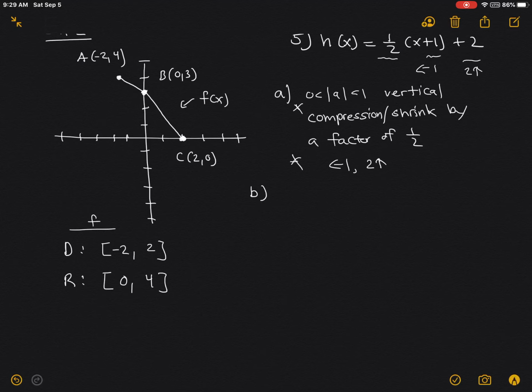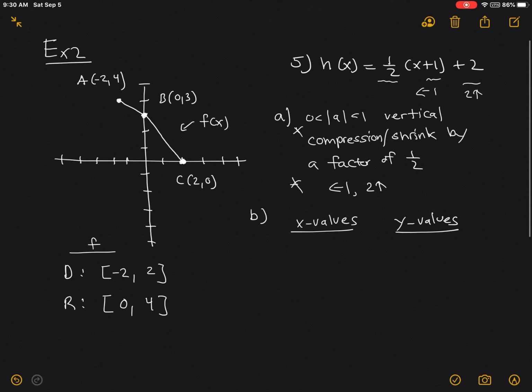All right, now on part B, what do I need to do? I actually need to get the coordinates, right? And for me to get the coordinates, I need to determine what to do with my original x values and my original y values. Okay, so the way you determine what to do with the x values is you look on the inside of the parentheses.